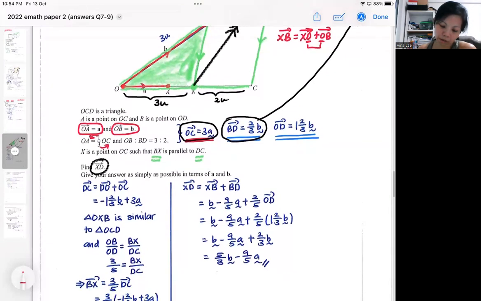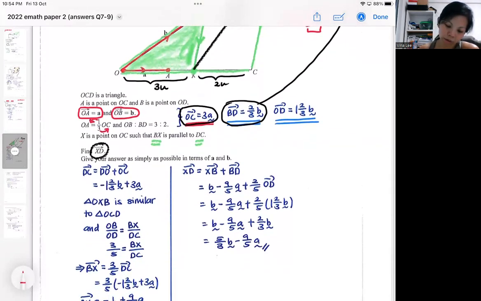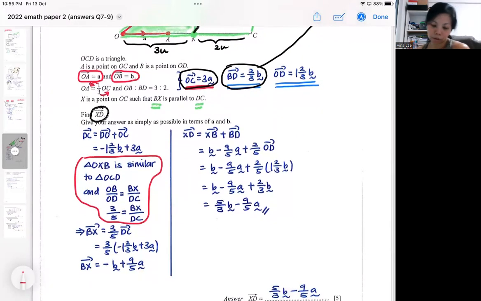I did the similar ratio, so I use the ratio to find my XB.